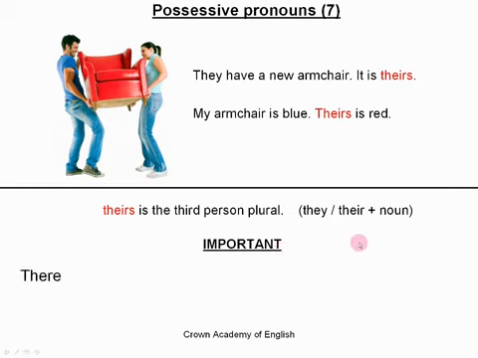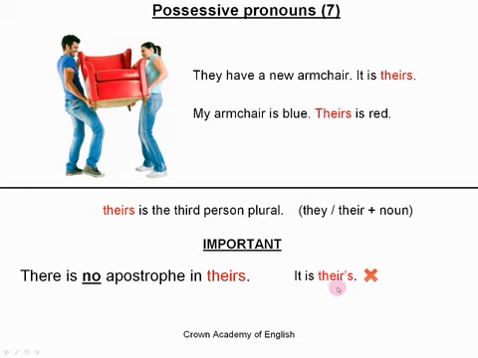Important. Again, there is no apostrophe in theirs. This is wrong, but this is right. This is correct. And again, very important when we are writing. Okay?